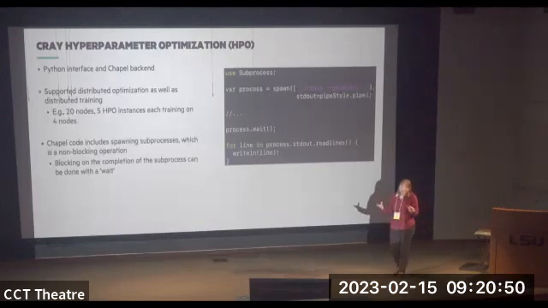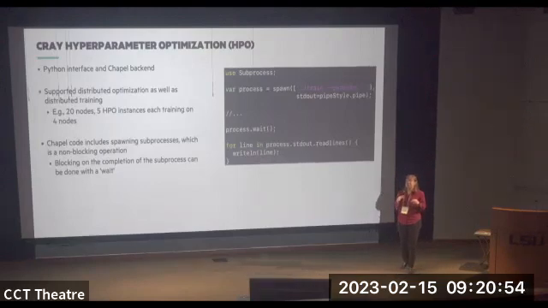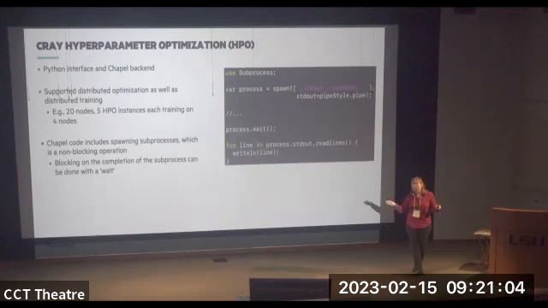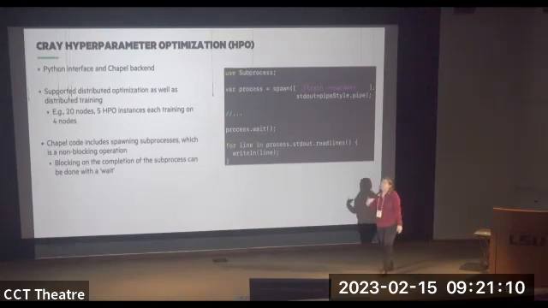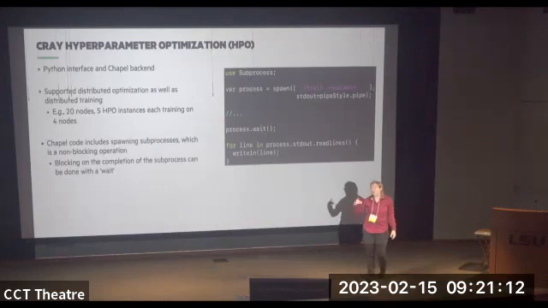When you're doing training for machine learning, there's often a lot of tweaking that has to go on: how many layers do you need, how big are things, various other parameters. So this program was written to take advantage of distributed memory parallelism and shared memory parallelism with Chapel, and then call out to the different programs that are actually doing the training and hand them different parameters.